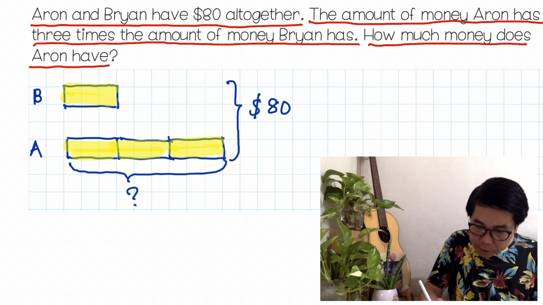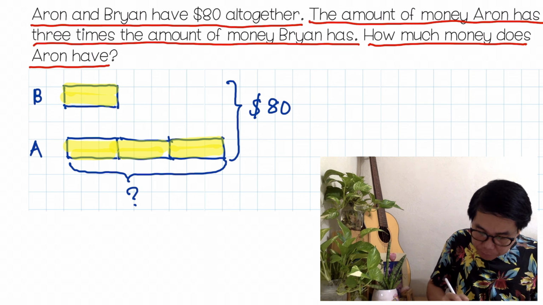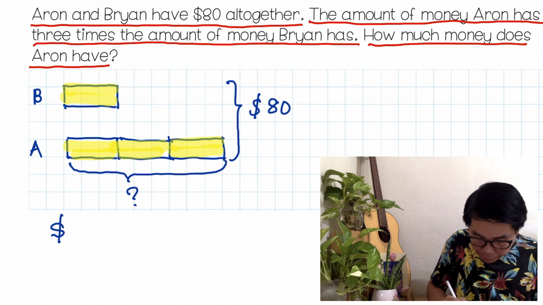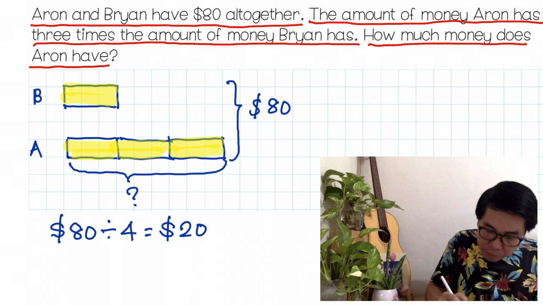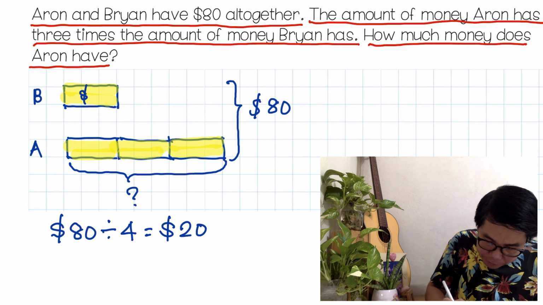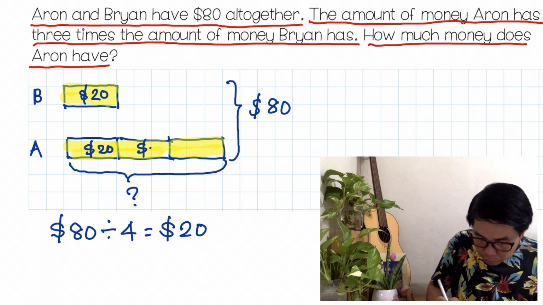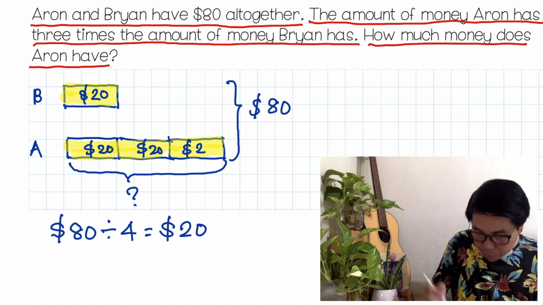So that means to get 1 unit, we have $80 divided by 4 is equal to $20. So every unit here is $20. This is 20, this is 20, this is $20.